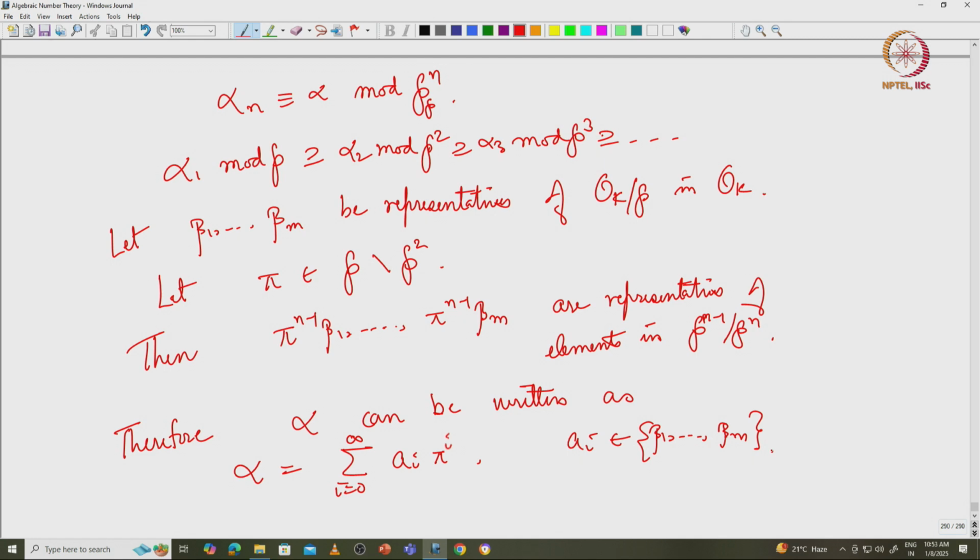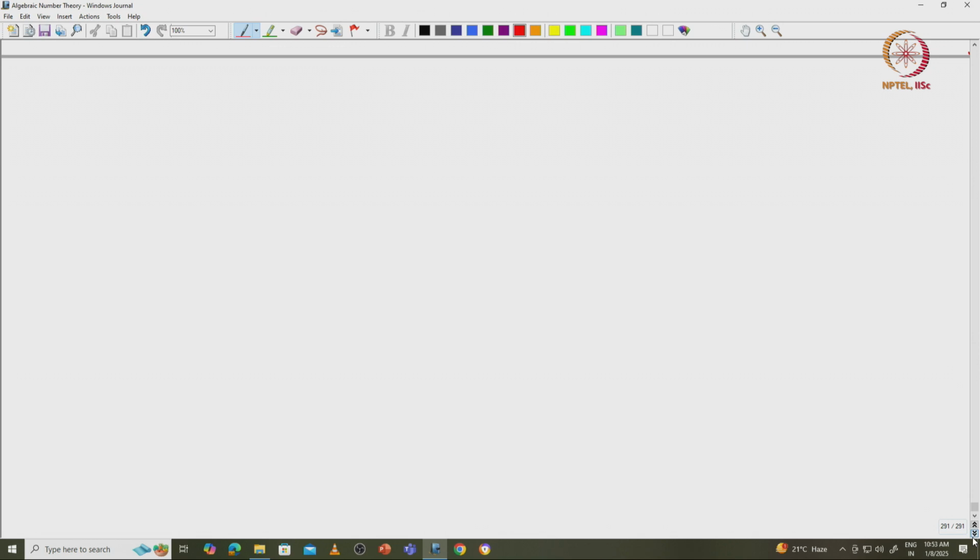Okay. Any element can be written like this. Furthermore, alpha_j is the summation i going from 0 to j a_i pi to the i. Okay. So clearly this is an element in O_K.